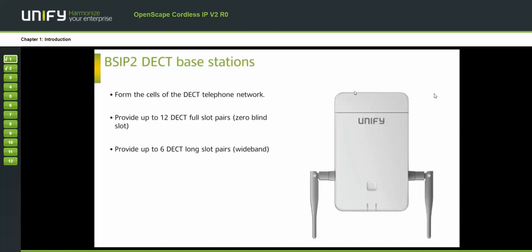They can provide up to 12 DECT full slot pairs, with 1 we need for synchronization, so that in total 10 are left for the telephone calls. And they can provide up to 6 DECT long slot pairs in wideband mode if we have high definition voice transported over the DECT network, so that we can have 5 calls plus synchronization plus the corresponding administration in one of these boxes.